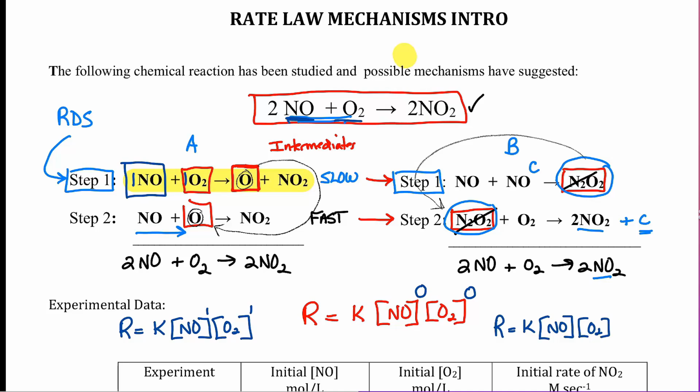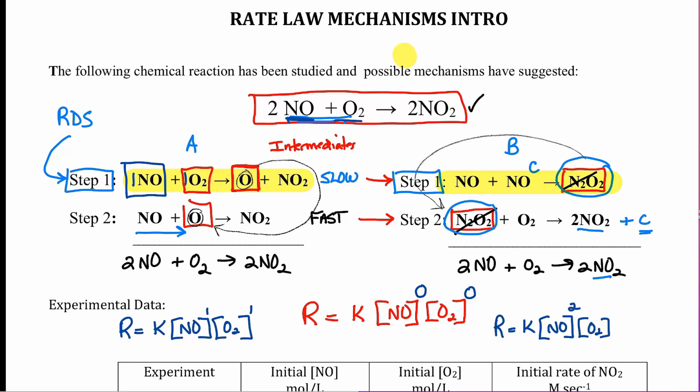In this case, the rate determining step, step 1 here, I only have 2 NOs. So, my friends, that would mean I have a coefficient of 2 and I have an order of 2.